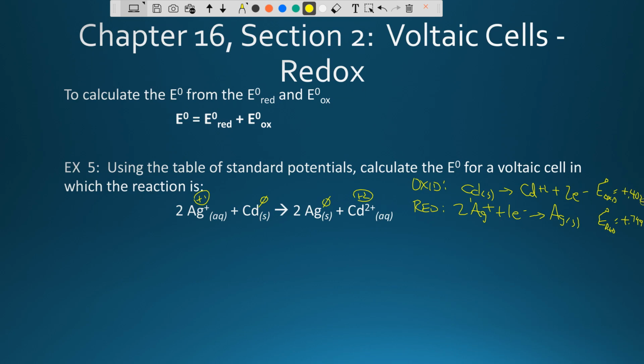Why that was important is because, remember, the energy of the entire thing is my reduction, 0.799, plus my oxidizing, which ended up being 0.402. It's really important because sometimes I've got to flip some things around for the numbers, since I'm using a reduction table. But in this case, it's a pretty simple thing. On my voltmeter, I should read 1.201 volts.